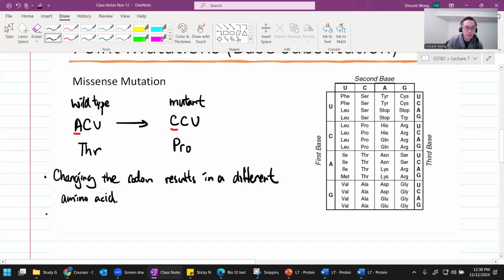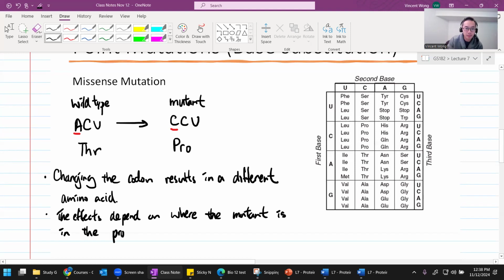Now, you might wonder, is this bad? Well, the effects depend on where the mutation is in the protein. Right?